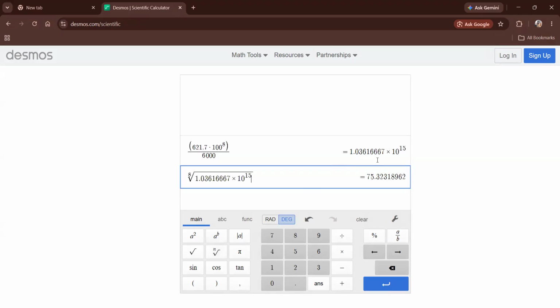What is that? It's near 75 point something. Correct or not? Check.